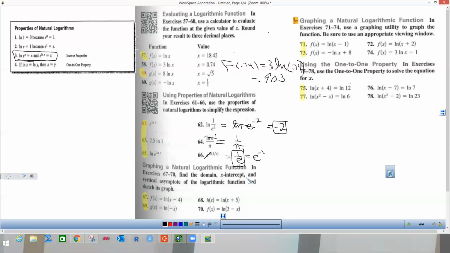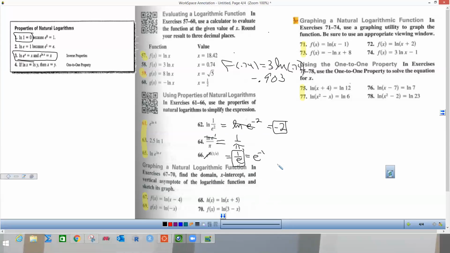Coming down here, we're supposed to find the domain, the x-intercept, and the vertical asymptotes of the logarithmic functions. Okay, so we need to know that the natural log of 1 is 0. That's going to help us find the x-intercept, because that's a y value of 0 when you have natural log of 1.